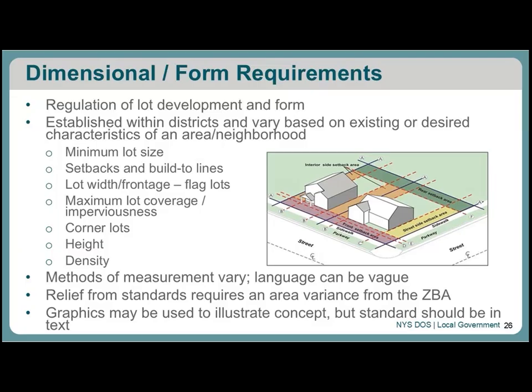And again, height can be defined in the building code differently than in local zoning. So it's really important to check to see how height is measured. And hopefully you have a definition for that because it can change from community to community. It can also address density, how many units are permitted per square footage, based on the size of the lot. So that can also be covered.